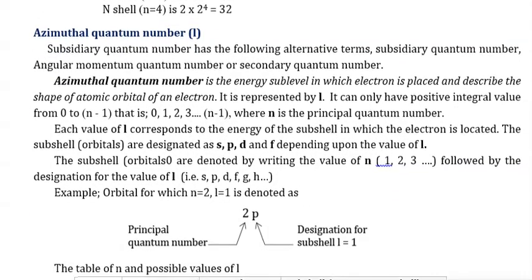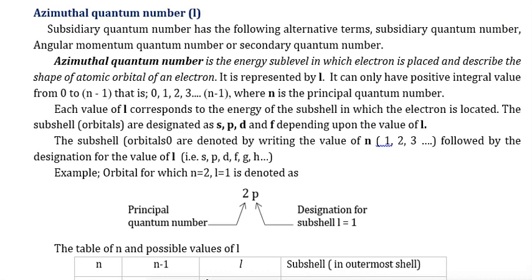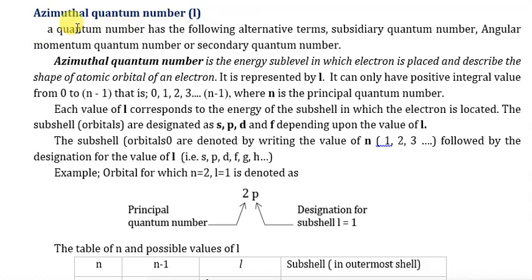Now let's move to the second category of quantum number, which is the azimuthal quantum number. I like to use azimuthal rather than the other names which are used. The azimuthal quantum number has other names such as subsidiary quantum number, angular momentum quantum number, or secondary quantum number.